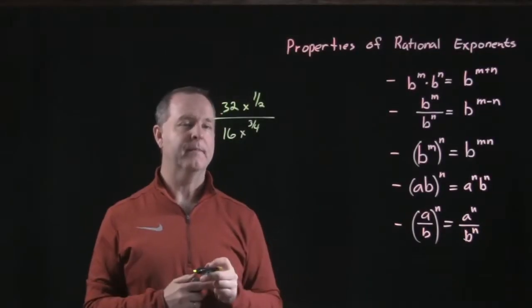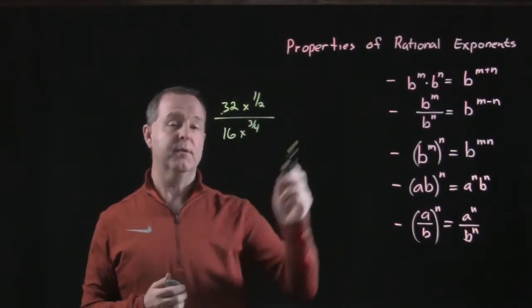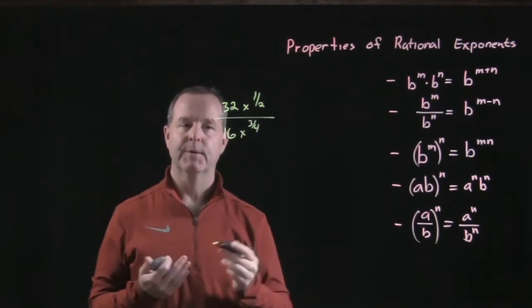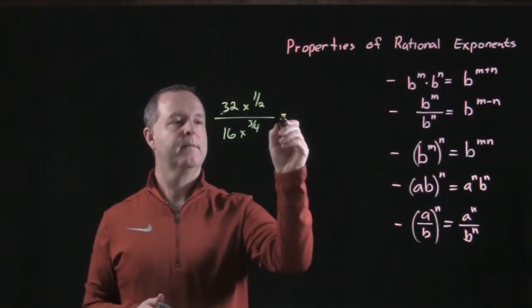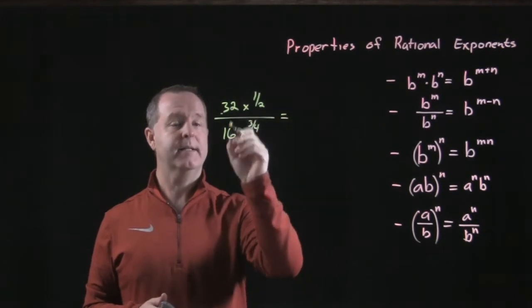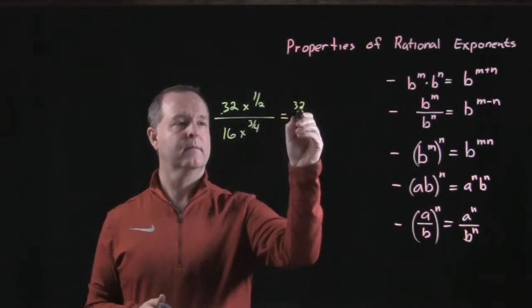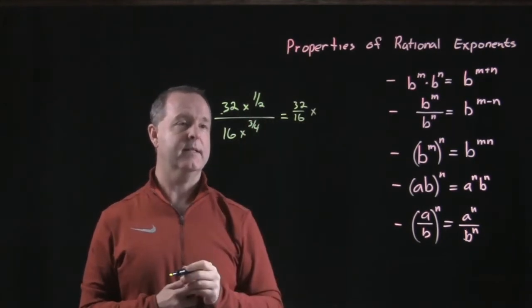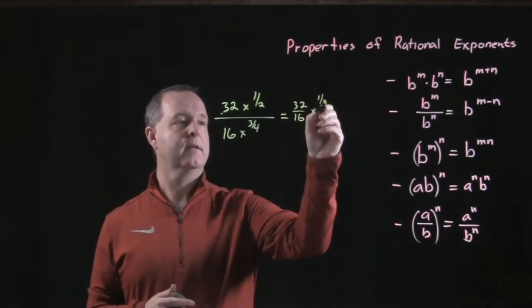With this example, it looks like I have a model that's similar to that second one there, where I have like bases, but they're being divided. So how do we deal with this? Well, I have 32 divided by 16. And with like bases, the x's, I subtract the exponents.